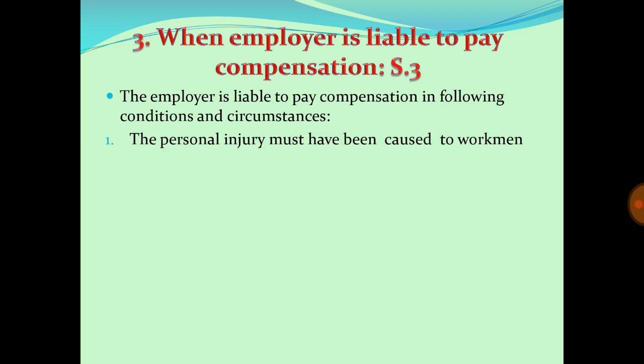The first condition is that personal injury must have been caused to the workman, which may result from accident or occupational disease, whatever the nature is, but there must be personal injury caused to the workman. Then such injury must have been caused by accident. This is the second condition, that the injury must be the result of accident.